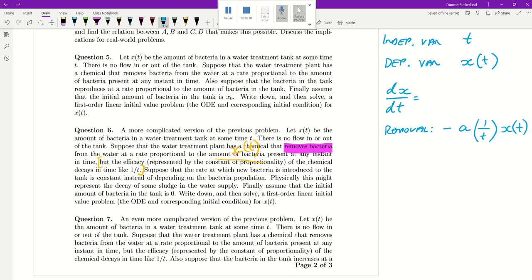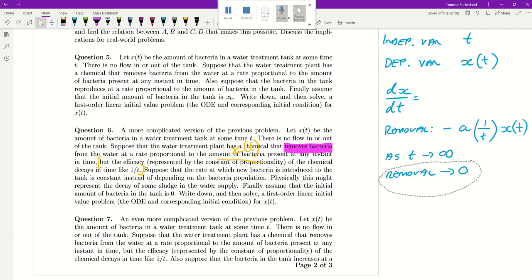So with this removal, as time gets very, very big, there's less and less bacteria being pulled out of the water. That's what this says. So as t tends to infinity, the removal term tends to 0, right?